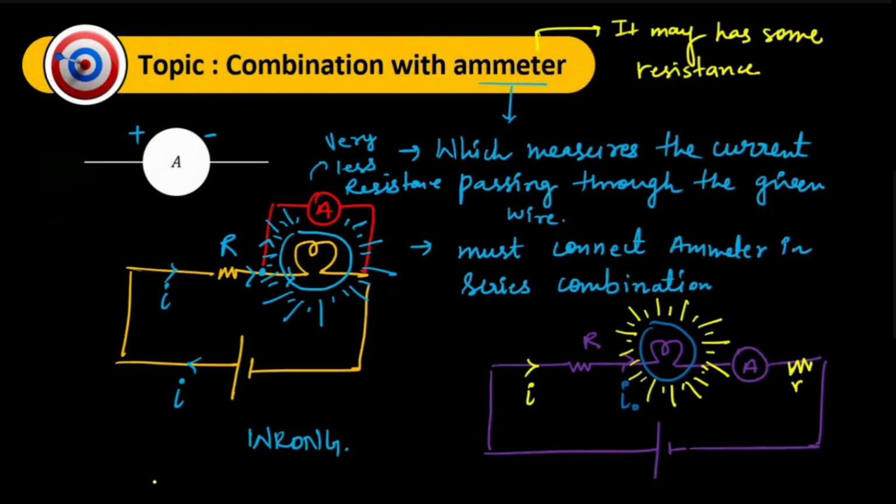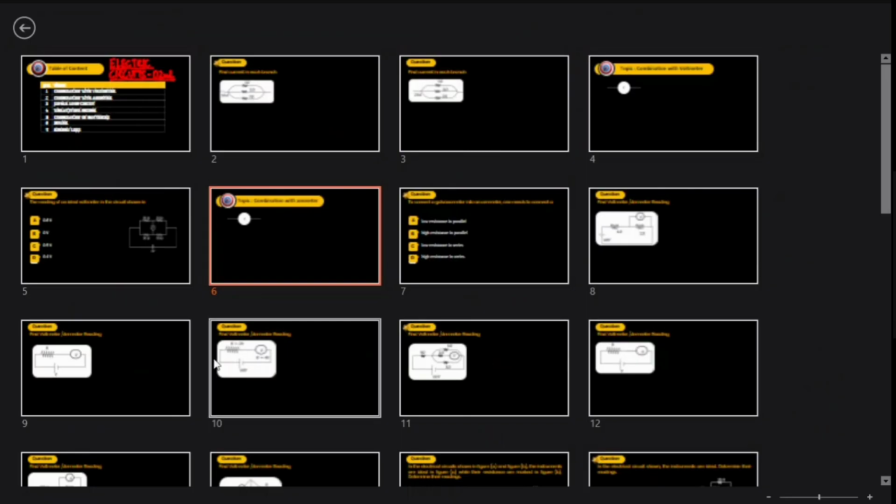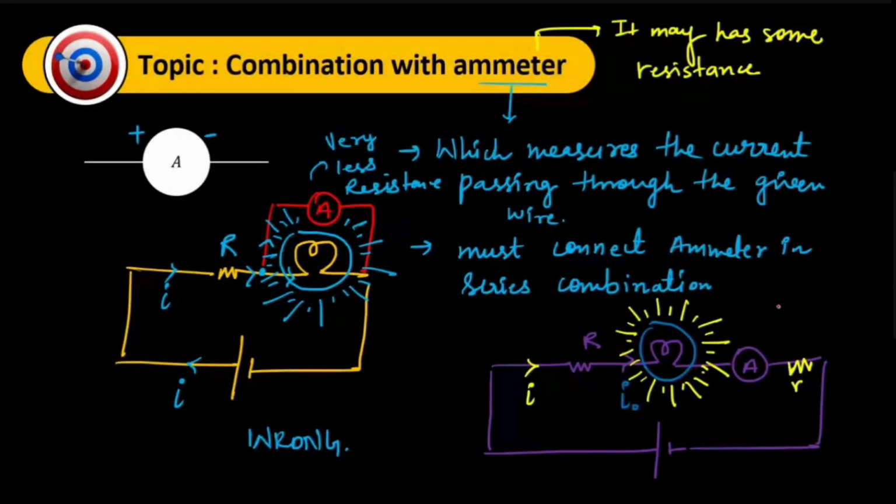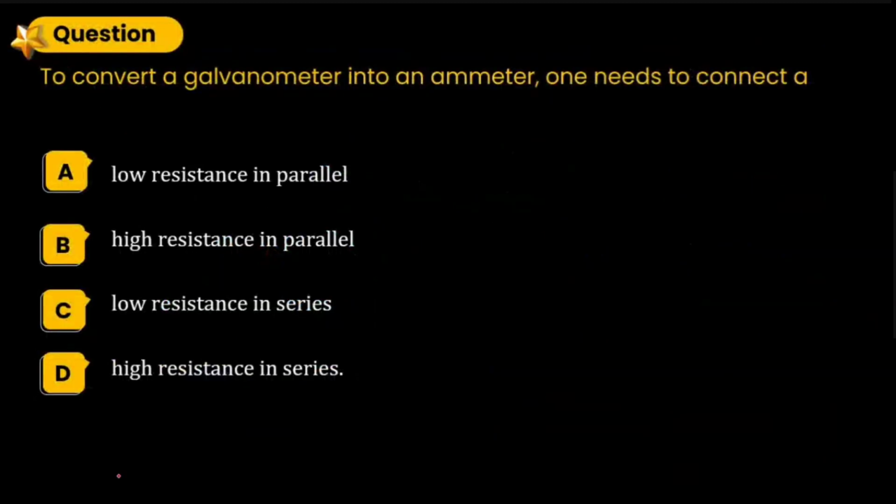So that is the resistance of the ammeter, if it is there. So did you understand? Like what is ammeter?